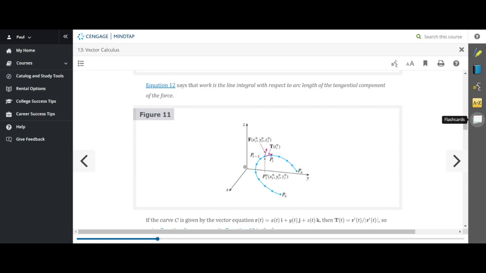If you take the dot product of the force field vector with that unit tangent vector, you get an approximation of the work.